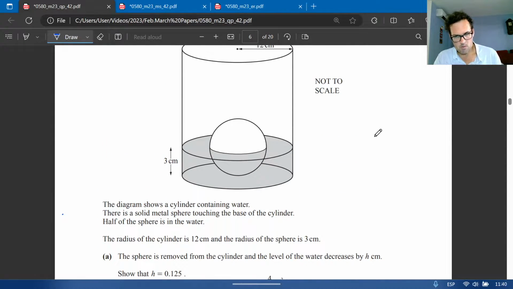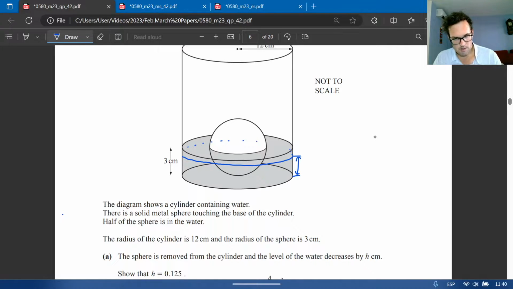So remember now, when we took the sphere out, the water level dropped a little bit, like that. And the height, of course, dropped by 0.125. So we got a new height.